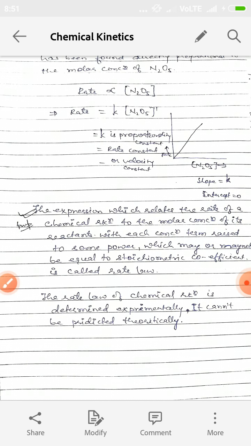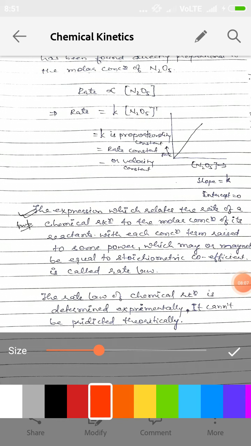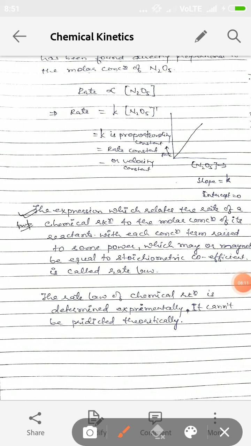The expression which relates the rate of a chemical reaction to the molar concentration of its reactants, with each concentration term raised to some power which may or may not be equal to the stoichiometric coefficient, is called the rate law. The rate law of a chemical reaction is determined experimentally. It can't be predicted theoretically.